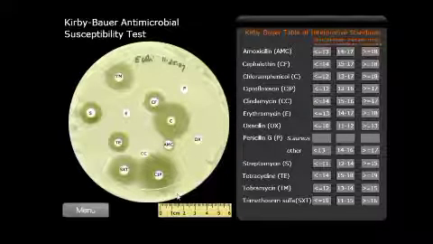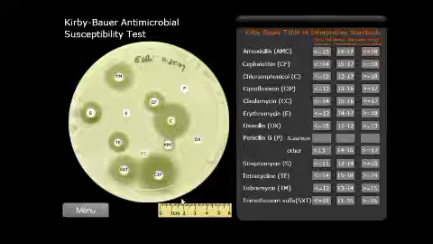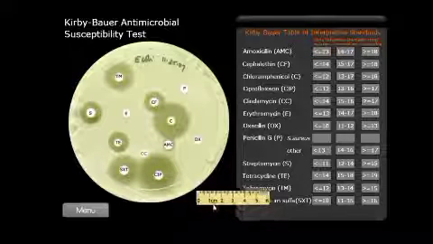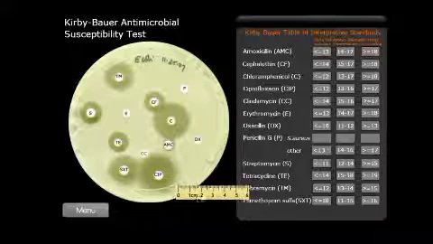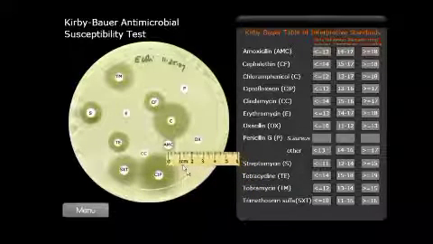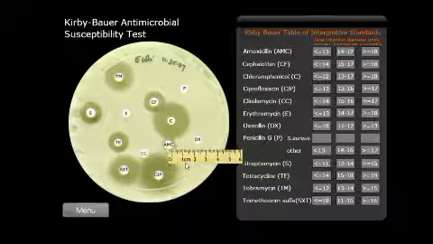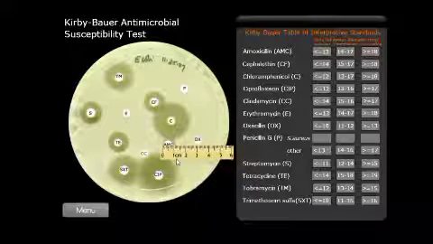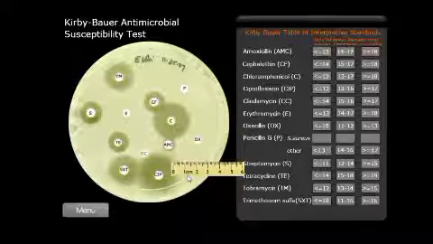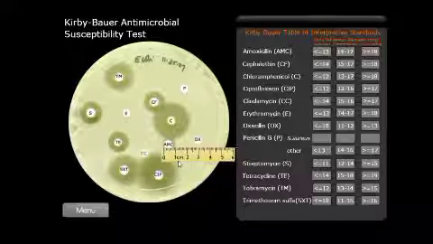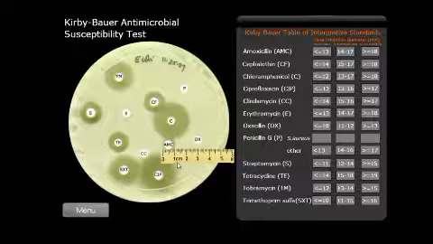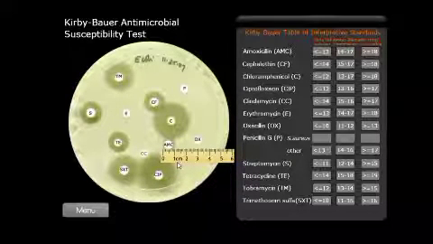So I will continue the test by measuring the inhibition diameter in mm using this ruler. For the first bacteria, which is Escherichia coli, I will measure the antibiotics.